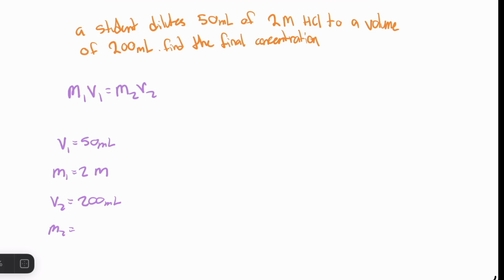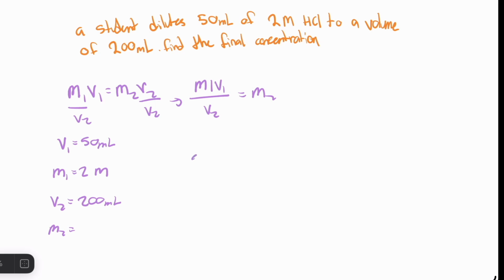To solve for M2, we need to divide by V2 on both sides. So that'll give us M1 V1 over V2 equals M2. Now we can easily plug the values in for the variables.